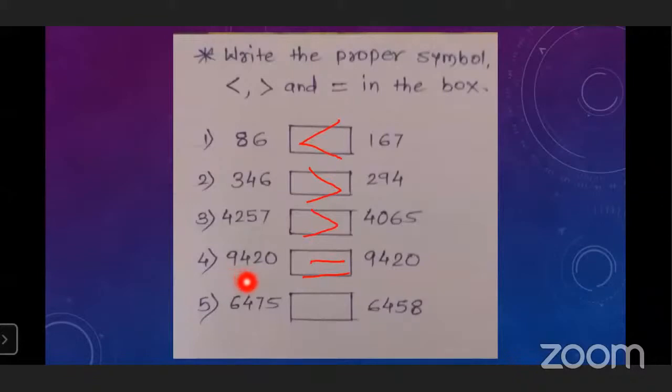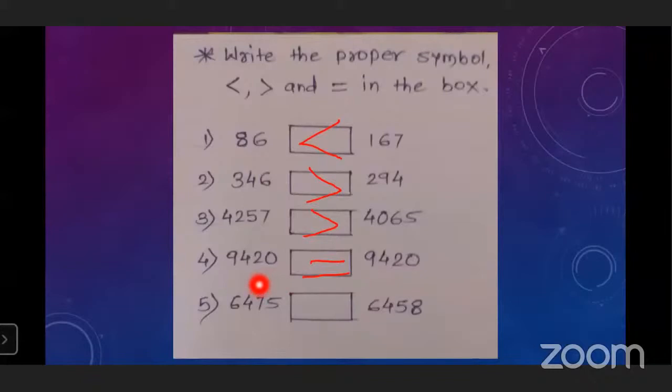The next place is the 100s place. Here you can see on the 100s place there is a 4 and the other number also has a 4. Okay, so when the 100s place digits are equal, that time we have to use the next place. The next place is the tens place.